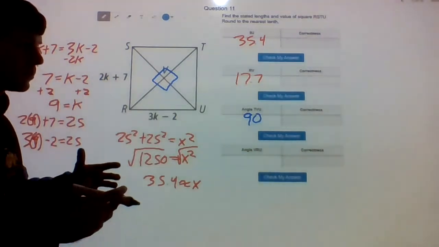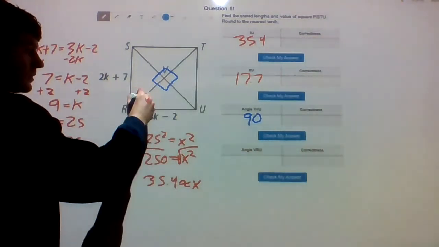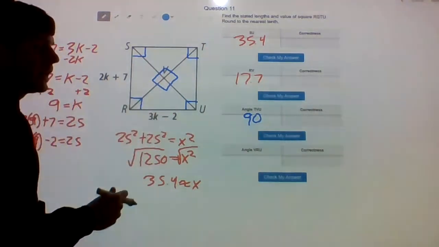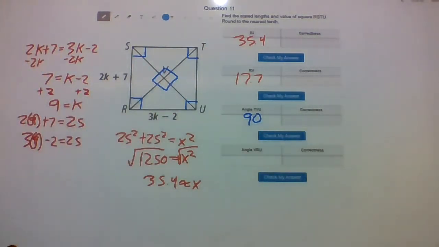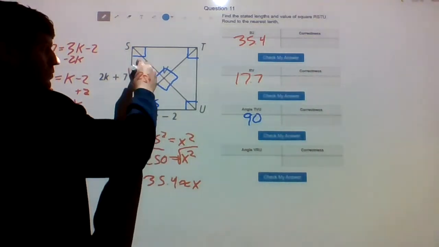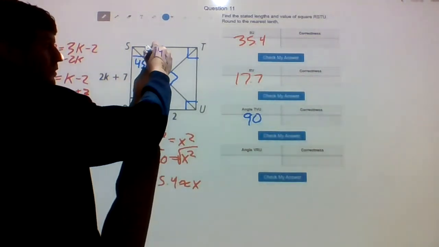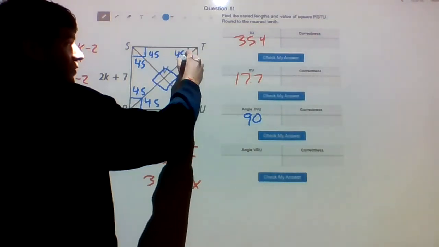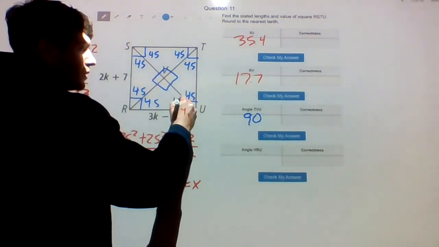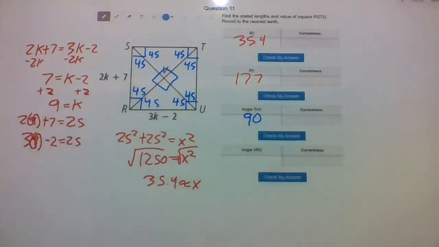Since it's a rectangle, each of the corner angles is 90 degrees, and since we're bisecting those, we're splitting them in half. So each of these is going to be 45. In every square, all of these angles are going to be 45. The angles of a square will never change.